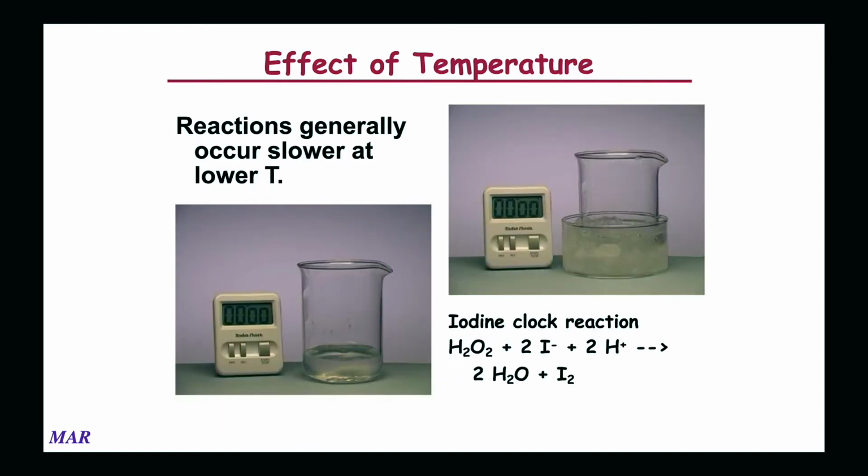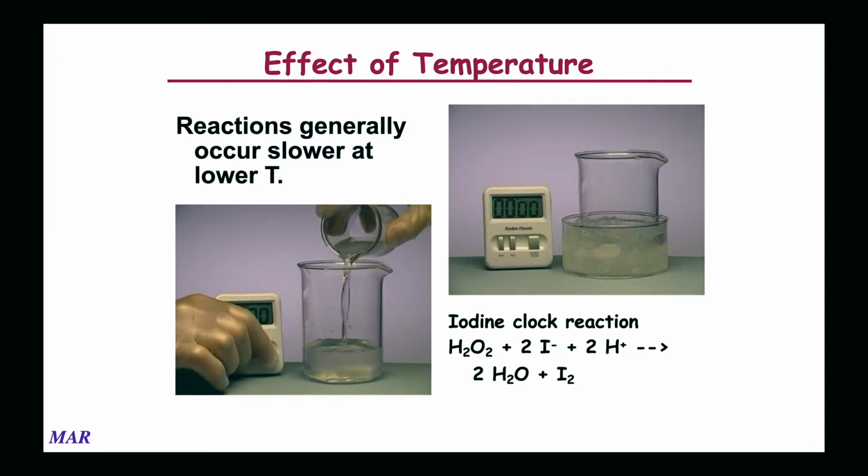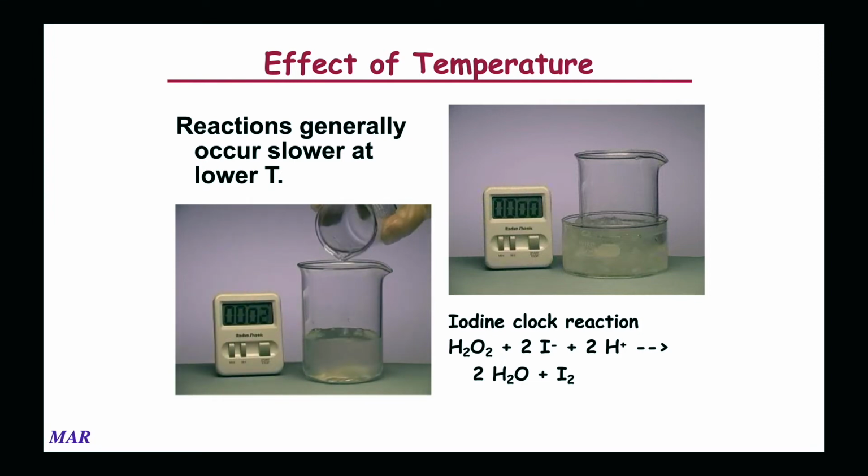A solution containing hydrogen peroxide is added to one containing iodide ion and ascorbic acid. This is a clock reaction, where after a small initial fraction of the hydrogen peroxide has reacted, a color change occurs.